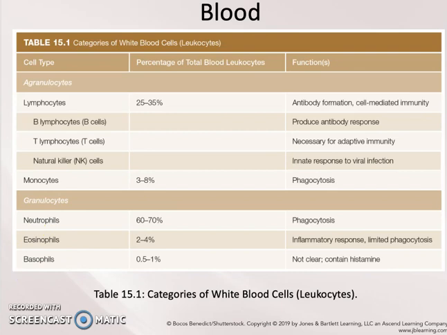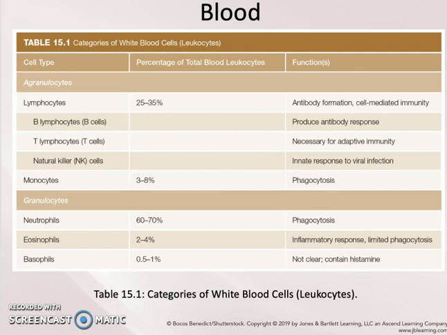Let's take a look at these different white blood cells a little bit more closely. The B cells are responsible for forming antibodies, those molecules that we've been talking about as part of the adaptive immune response that recognize specific antigens from pathogens. T cells have lots of varying function, and we'll be talking about those later.